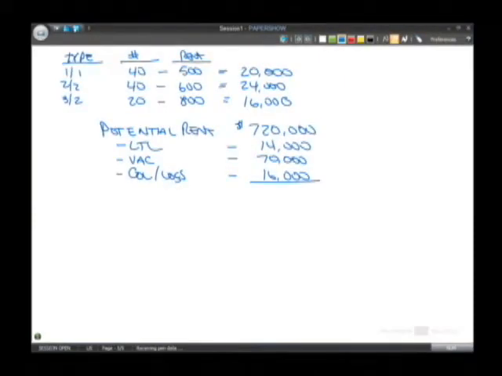None of these numbers are overly outstanding and would definitely need to have some attention paid to them. This gives us rental income of $620,000 per year.